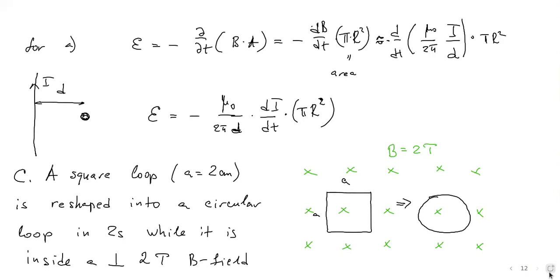Okay, we can find the radius of the circle, yes? I think first we can find the diameter of the square. Well, the diameter of the circle should be the same as the diameter of the square.